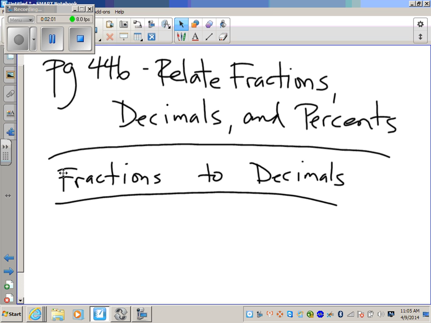This is review, but it's going to be really nice to have this all in one nice, neat, and tidy place in your notes, so that when your homework for today tells you convert this fraction to a decimal and as a percent, you'll be able to refer to your notes to be able to do that. Okay, that's why you take notes in the first place.